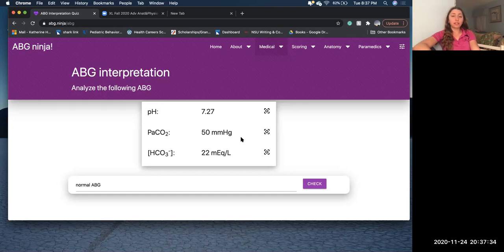The two things that could make something more acidic would be high CO2, because the more CO2, the more hydrogen, making the blood more acidic, or low bicarb, because the presence of bicarb makes it more basic.